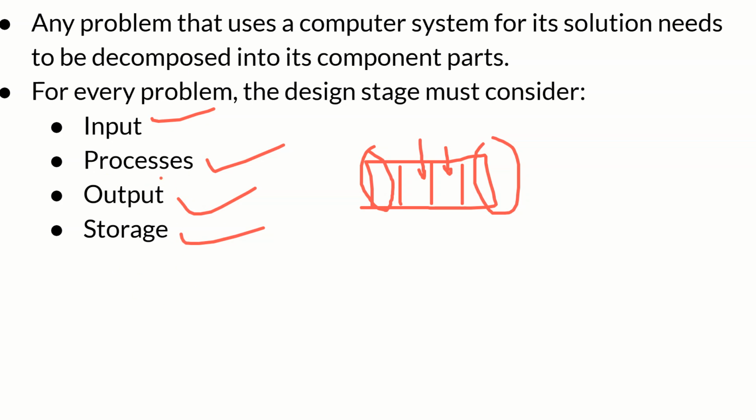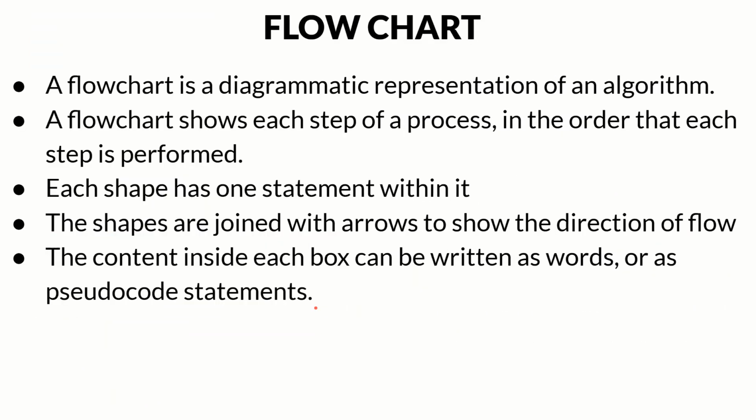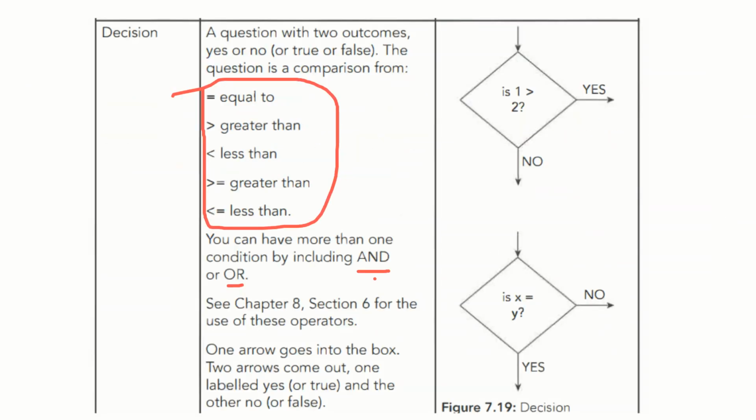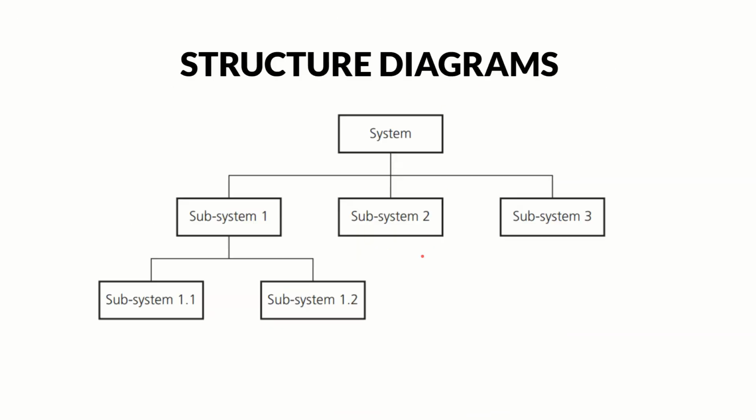But hardly do we use the flowchart. The flowchart just shows you the diagrammatic flow of your program, but it doesn't go to that level. So the structure diagram can do that.